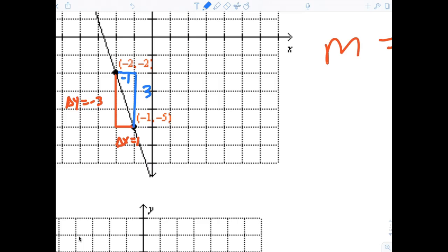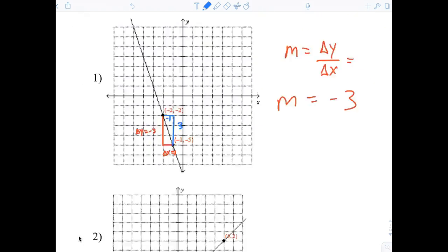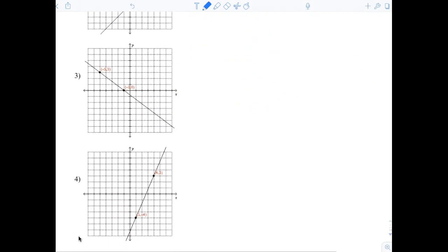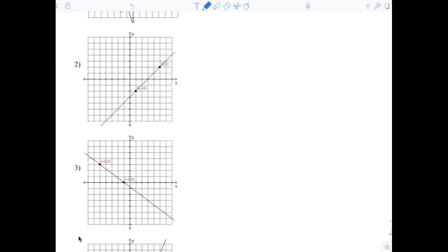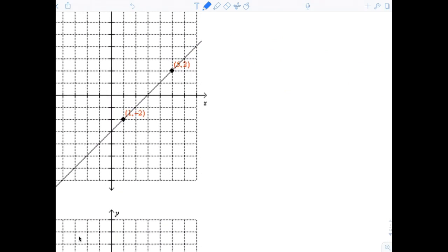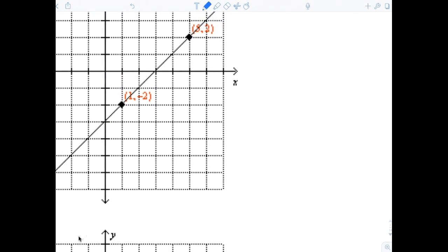Now, briefly, let's go ahead and do number 2. So again, from here. If you are observant, you don't have to use those 2 points. Look, all of these points are on the line. Do you agree with that? So you should be able to say up 1 over 1.